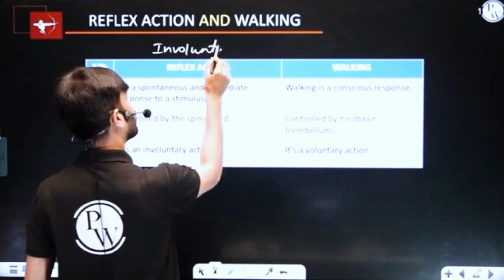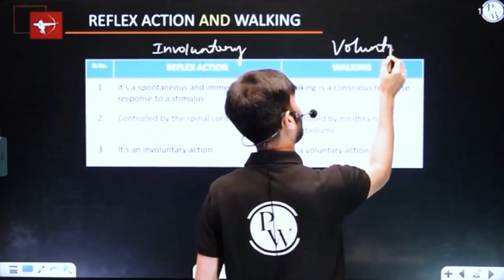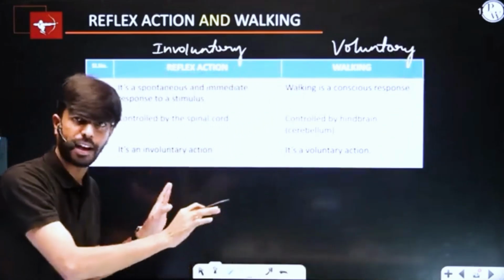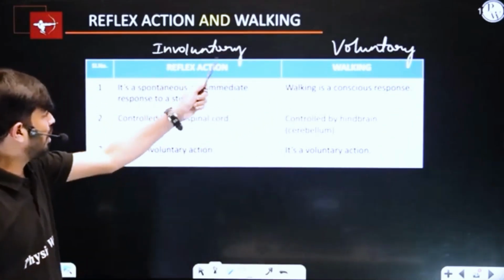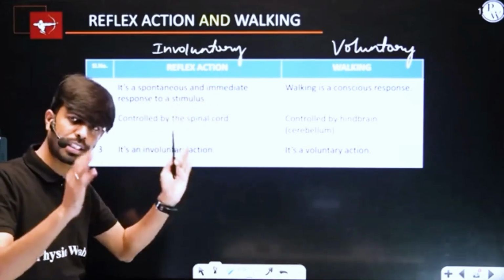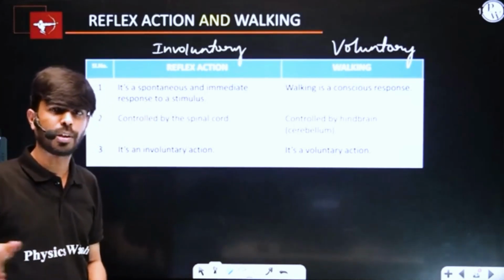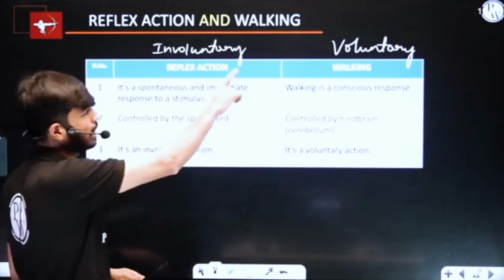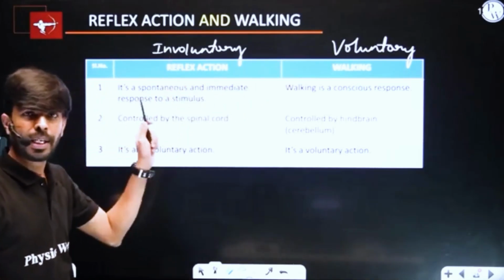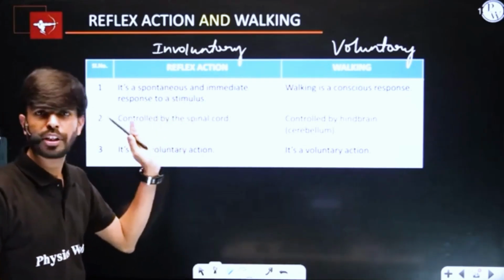Okay, but walking is a voluntary action. Now you may say that is the last difference, but let us see. As I said, first you need to write the definition. Whenever differences are asked, always start with the definition and end with examples. If there is no example, leave it, because the example itself is what they are asking now. Okay, reflex action is an immediate, sudden, involuntary, spontaneous response to a stimulus.